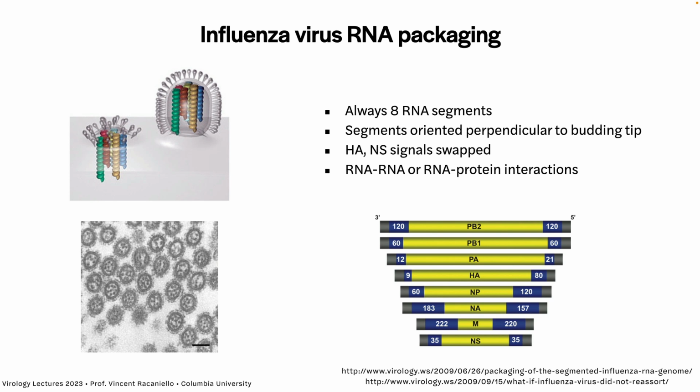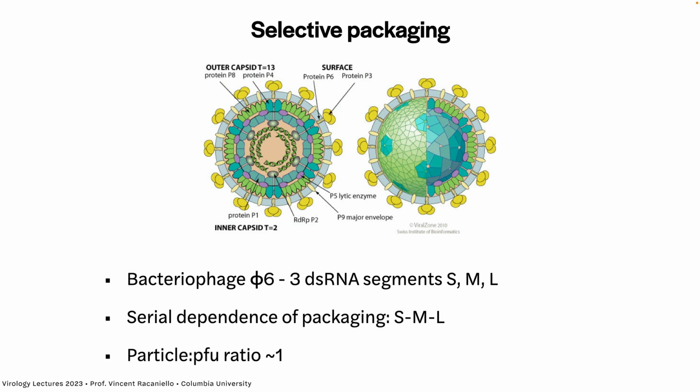And that's because of the interactions among these RNA sequences and with viral proteins. And if you look at a section in the electron microscope, you can see that all the RNAs are aligned because you can see the cross sections of each of the 8 RNAs in these particles. And that happens because of these packaging signals. So it's not random.